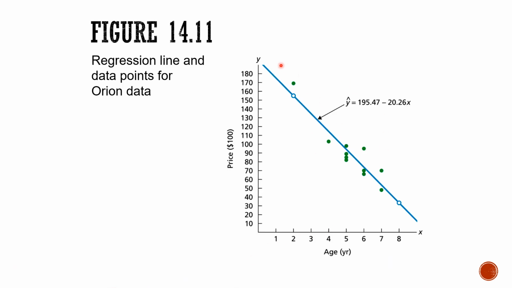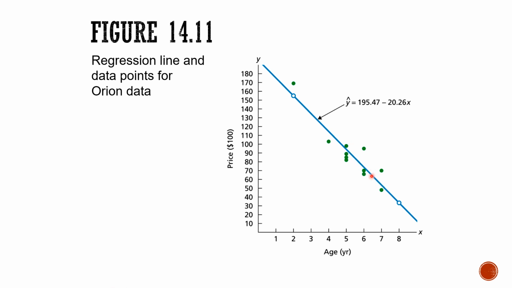So here is the graph of the line we just found, which is y hat equals 195.47 minus 20.26x. And you see over here, even though the line does not really pass through any of the actual data points, the actual values are pretty close to that line.